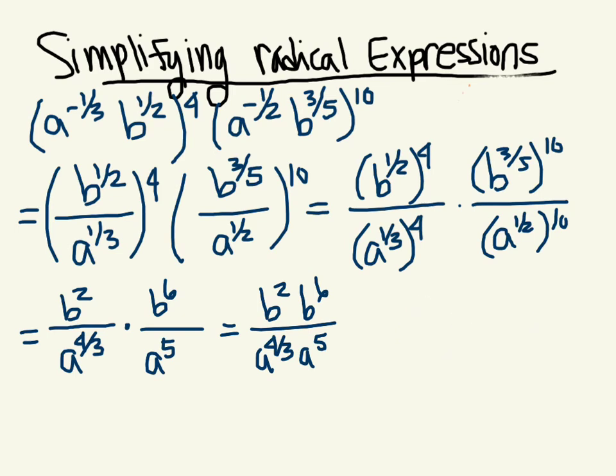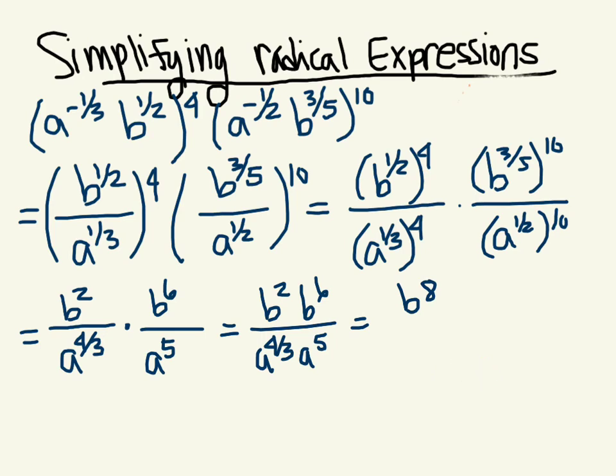So in our problem, we're looking at b squared b to the 6. Well, that's going to be the same thing as b to the 2 plus 6, which is b to the 8.